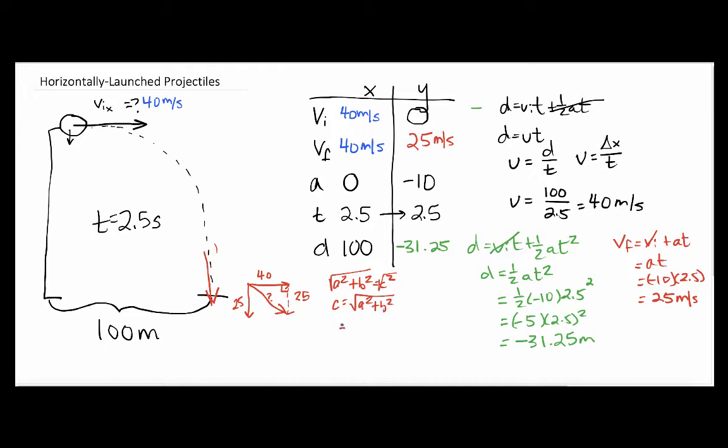A and b are the sides, and c is the hypotenuse, and so my velocity that I'm looking for is going to be the square root of 40 squared plus 25 squared. And that gives you 47.169 or 47.2 meters per second.